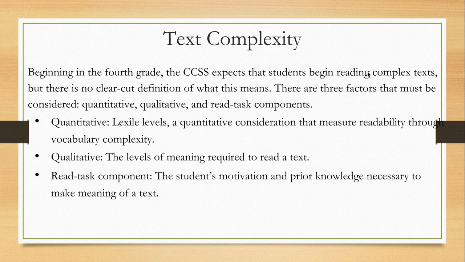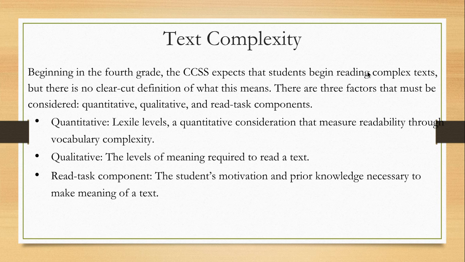Some texts are very complex, even though their Lexile levels are lower than another text that could have a higher Lexile level, and yet the ability to understand the text is not necessarily at a higher level. So that's why we look at qualitative and reader task components.